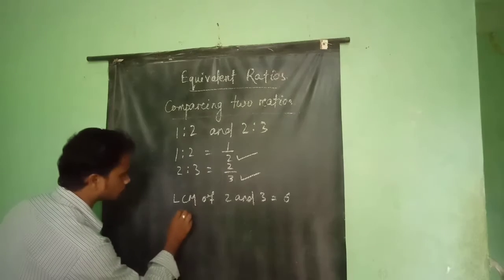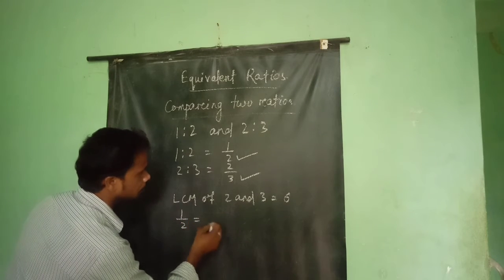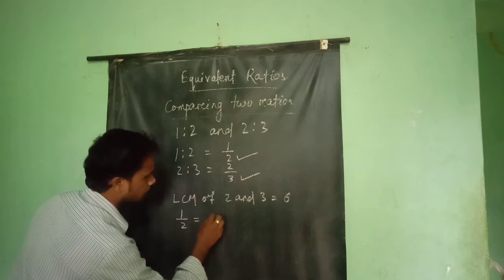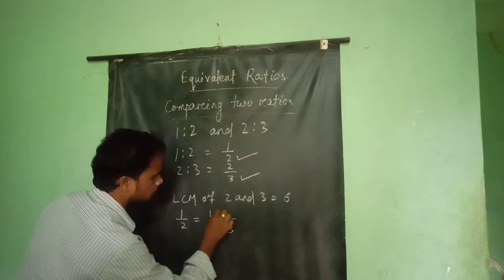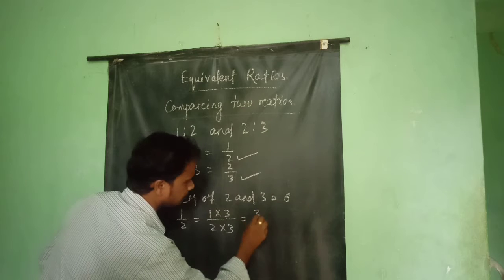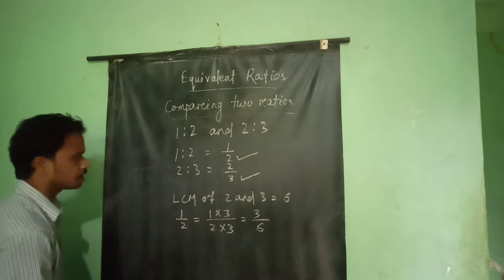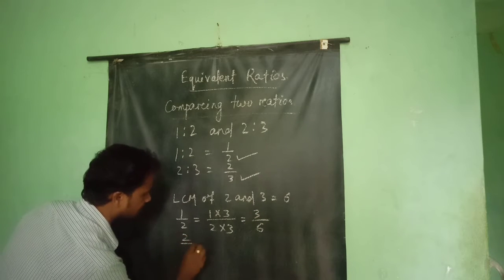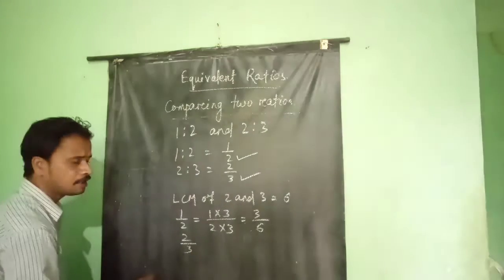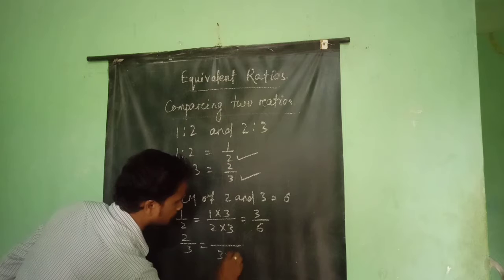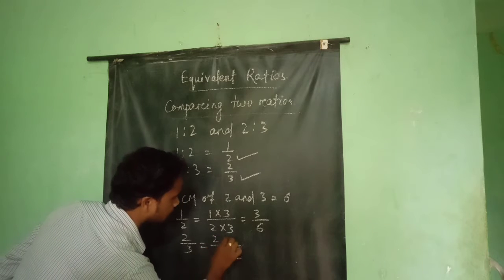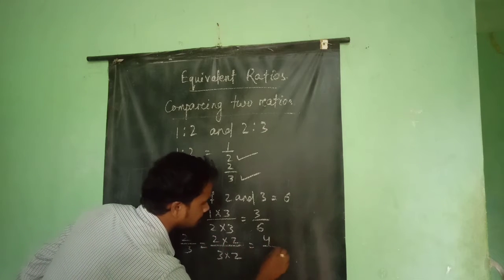So 1 by 2 is equal to, 2 into 3 करना पड़ेगा, तो 1 into 3 करेंगे तो 3 by 6 हो जाएगा। सिमिलरली जब हम 2 by 3 को 6 करेंगे डिनोमिनेटर तो क्या आएगा, 2 by 3 is equal to, नीचे आएगा 3 into 2 और ऊपर आएगा 2 into 2, so that is 4 by 6.